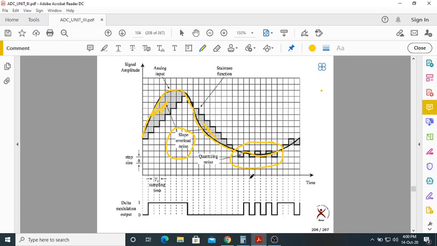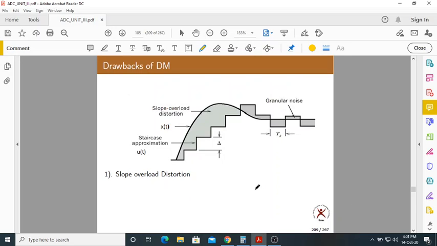Generally this occurs whenever the input signal has a flat curve, or whenever it has some small variations. So, this is simply granular noise, and this is the slope overload distortion.